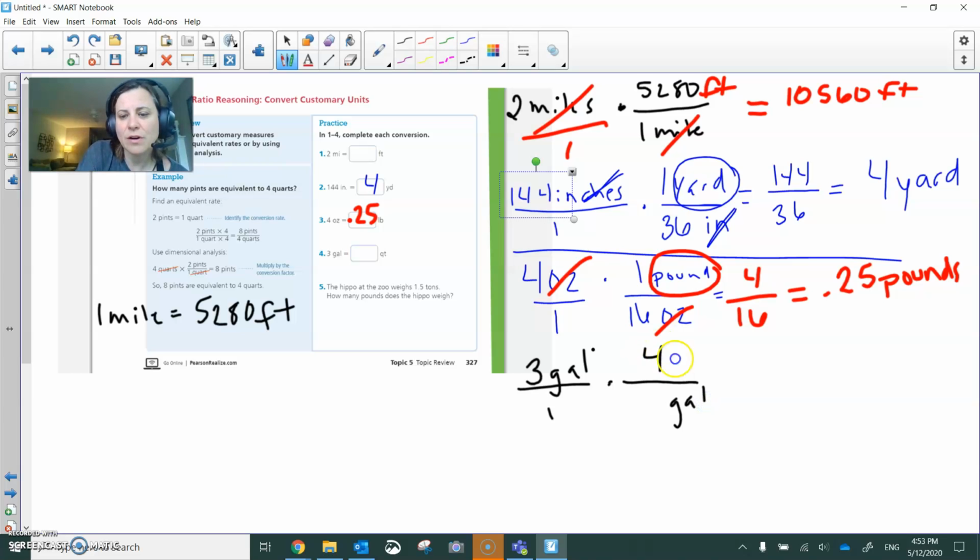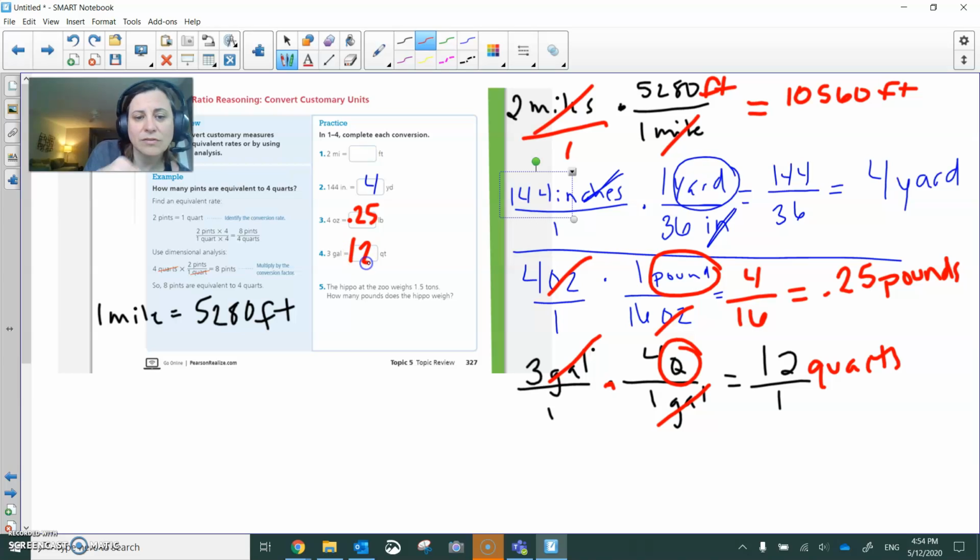I know there's 4 quarts in 1 gallon. 3 times 4 is 12. 1 times 1 is 1. The word gallon in the numerator cancels the word gallon in the denominator when you're multiplying the two. So the only unit left is quarts. So 3 gallons has 12 quarts in it. Ta-da! Excuse me. Allergies. Last one.